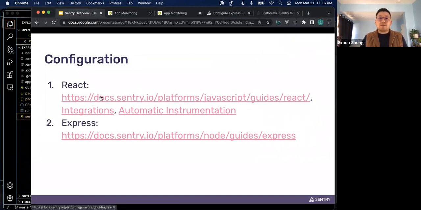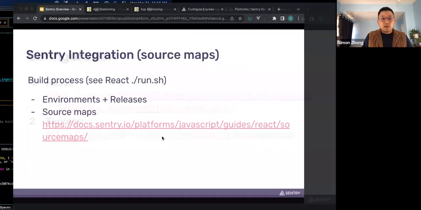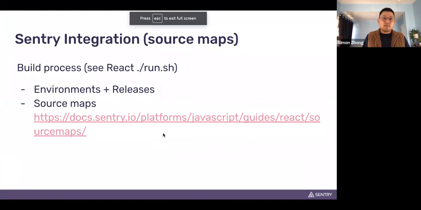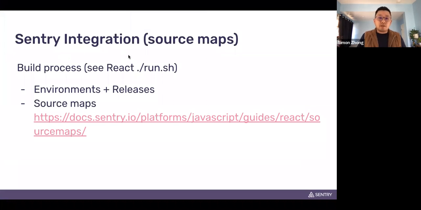Let's continue on through here. We've talked about the configuration, what's available through the guides, the details on the integrations there, what's automatically captured, those errors and exceptions. And now we can talk about getting situated with the Sentry integrations, and that's with uploading our source maps, particularly for our front-end app.